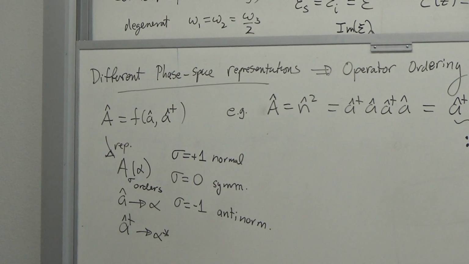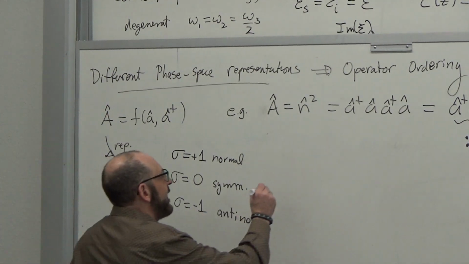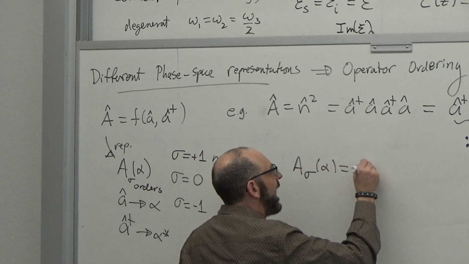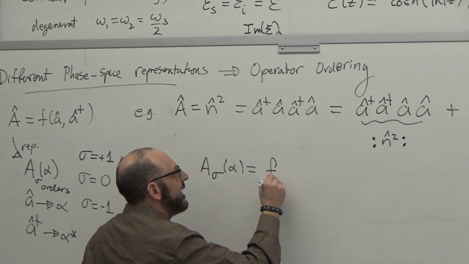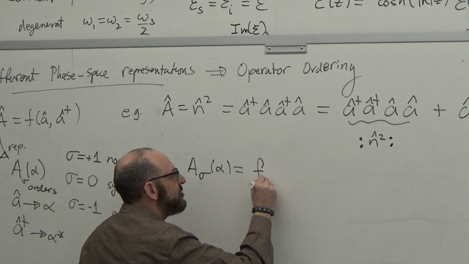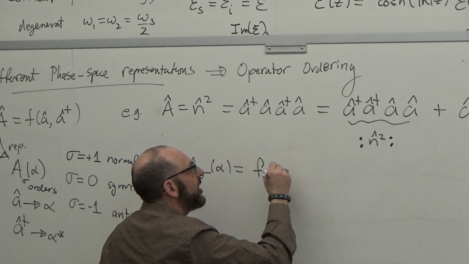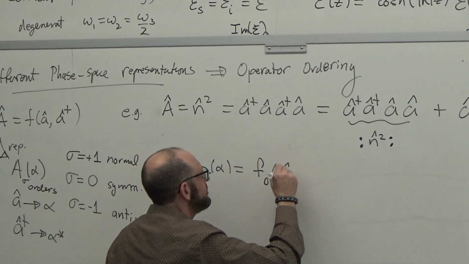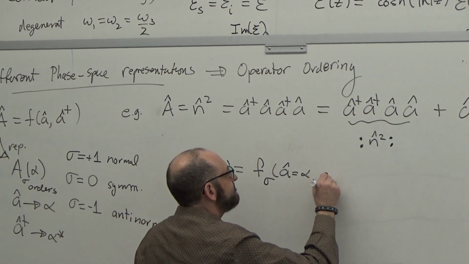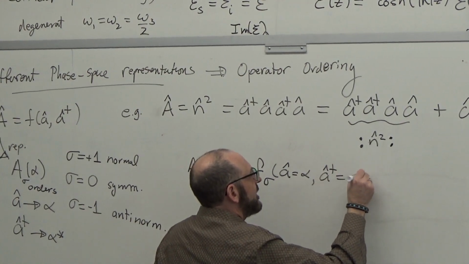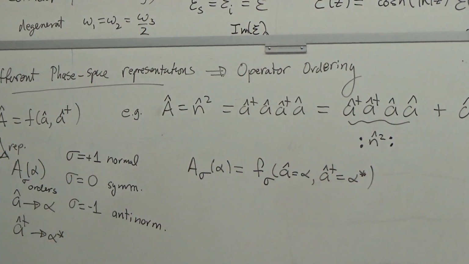Okay? And then A sigma of alpha is going to be, I take the operator F, which is written in a particular order, and set them equal to one another.